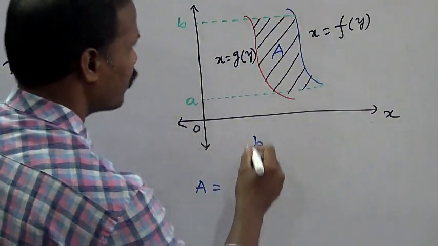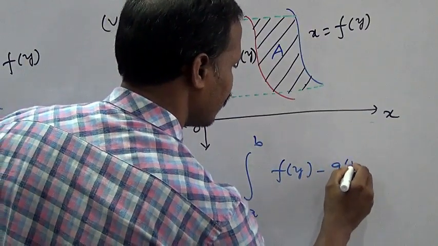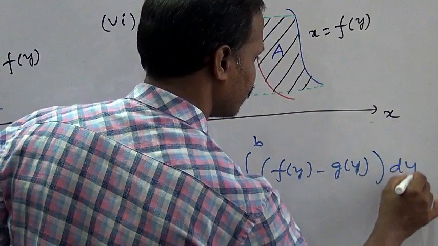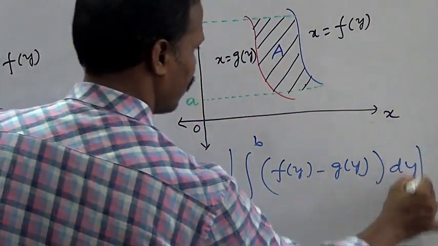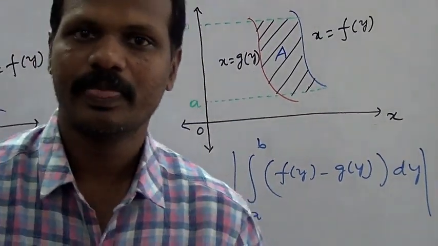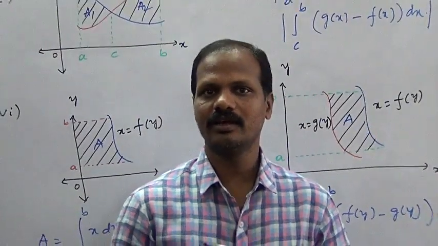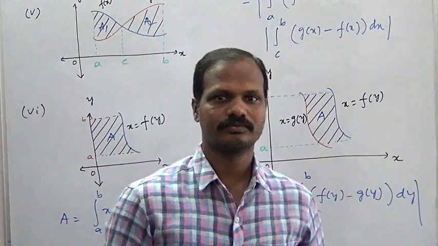So the integral from A to B of f of y minus g of y into dy. If you have any doubt, then put modulus. That's all. Now we will give some examples of how to find the areas under the given curves.